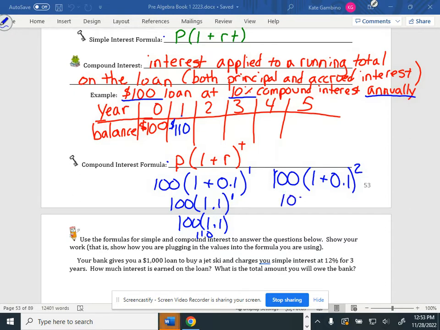So, just like for the 1 year, I have that, but now I have a square. So before I can multiply it by the 100, I have to do 1.1 to the second power times that. So that's going to be 1.21. I'm going to times that by 100. And I get 121.